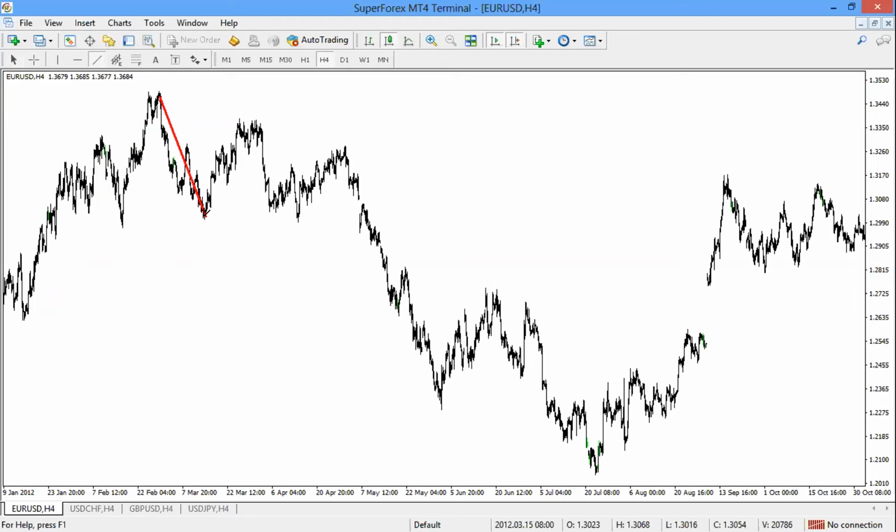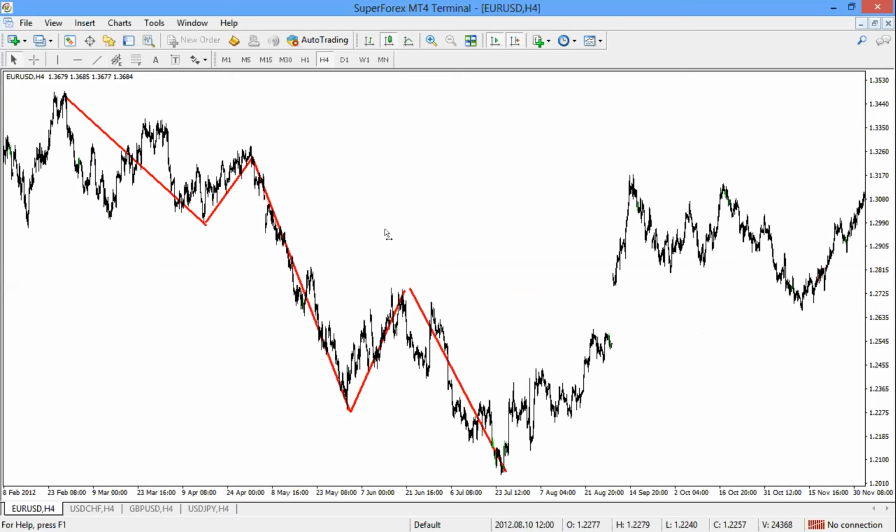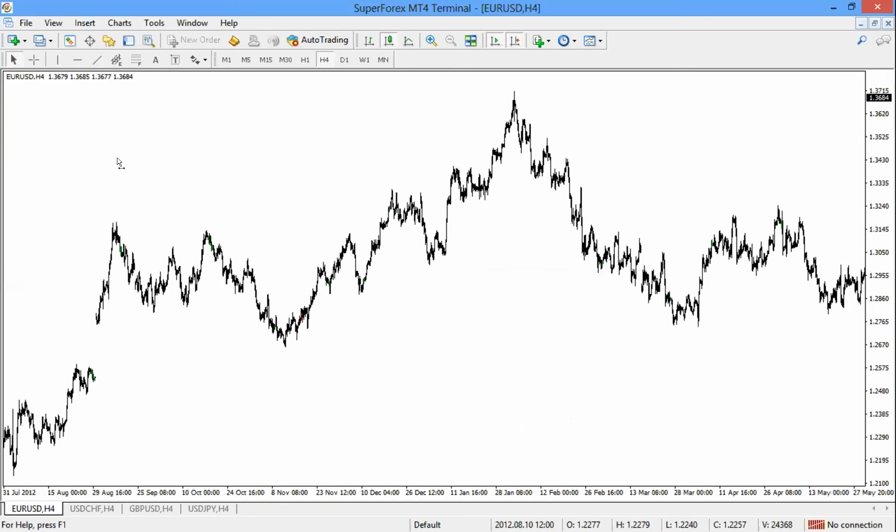This one is extended. One, 2, 3, 4, and that's 5.